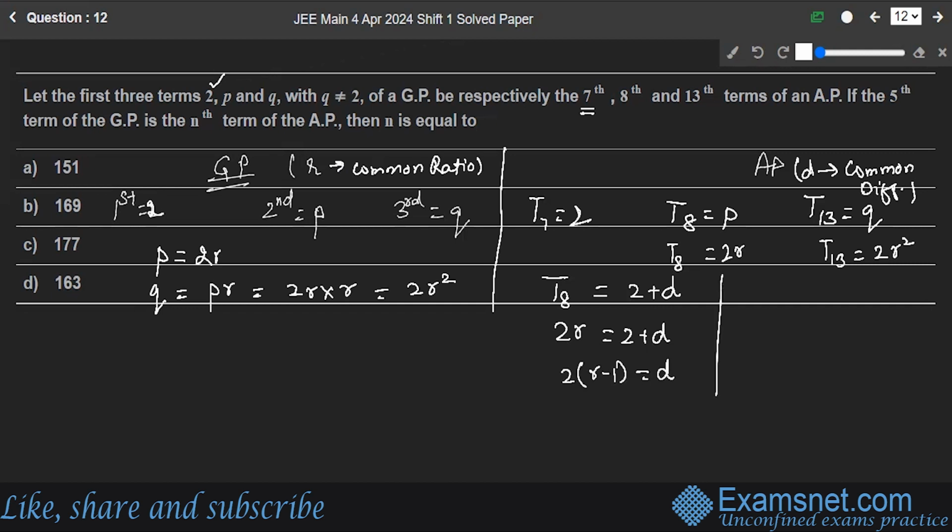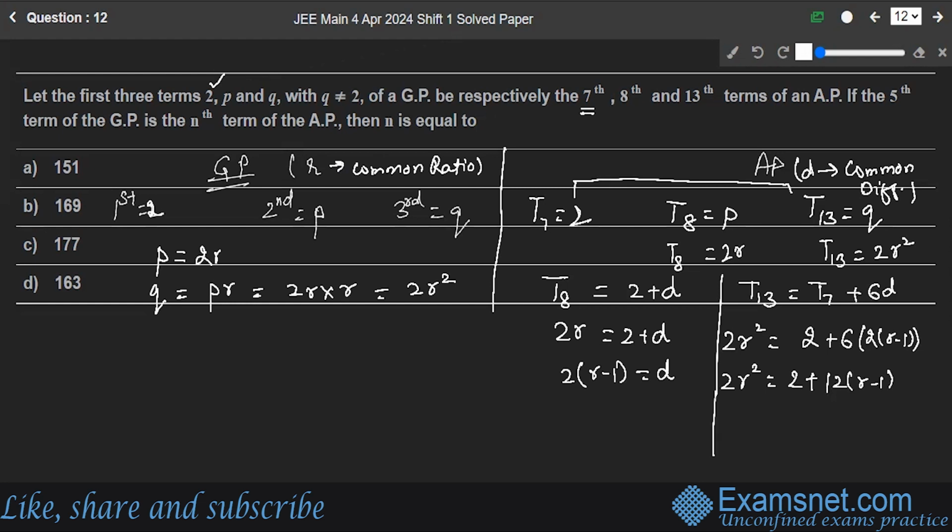Also, T13 is equal to T7 plus 6d, because from T7 to T13 you have 6 terms in between. So 2r square is equal to 2 plus 6d, that is 2 plus 12r minus 12.